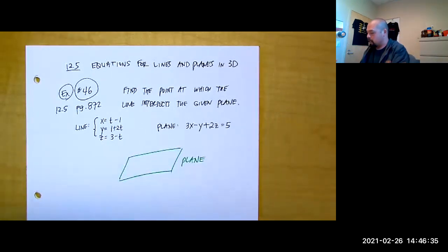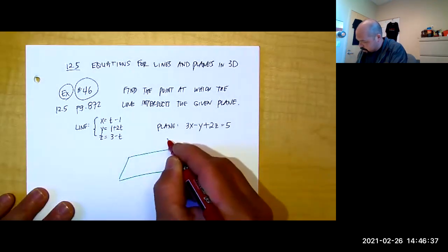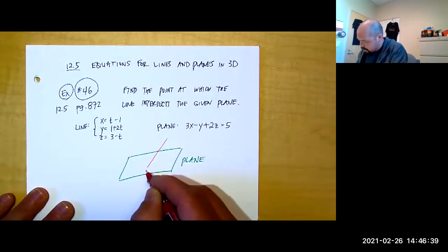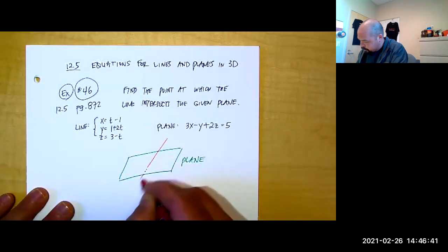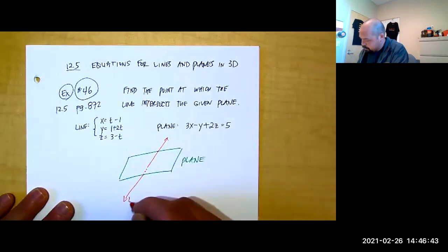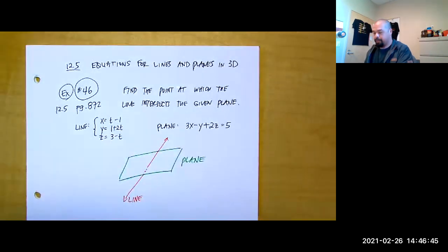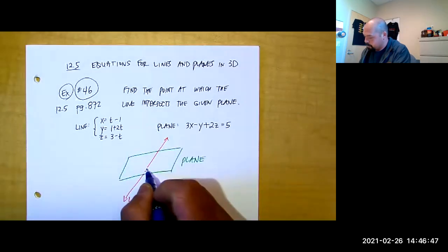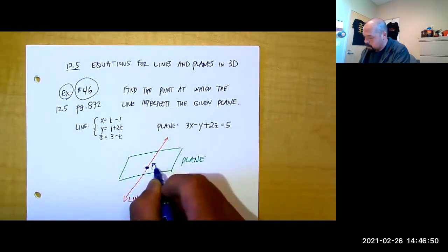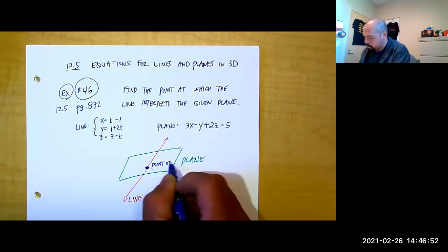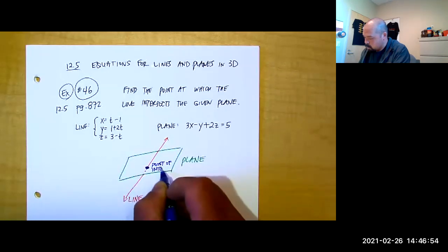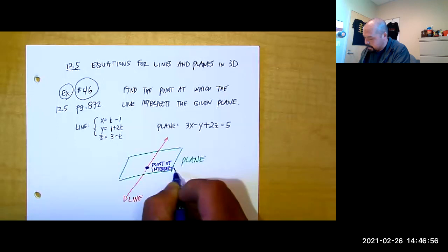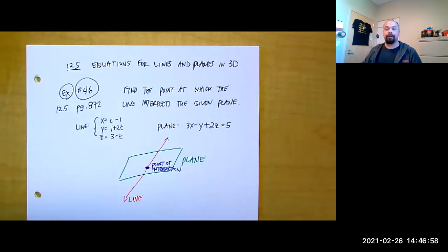Then we're going to have our line cutting through in some way. And so what we want to figure out, where is our point of intersection? Where is that line cutting through that plane?